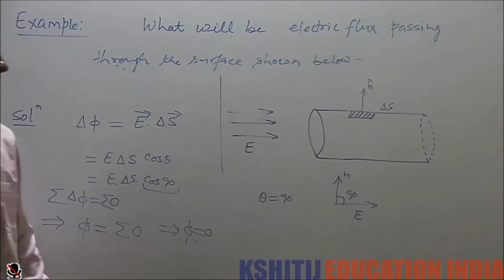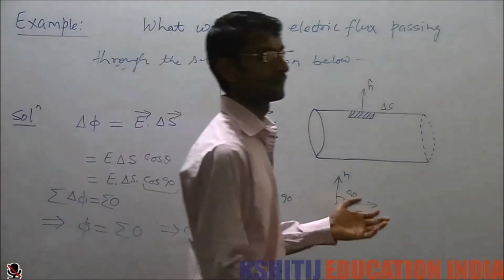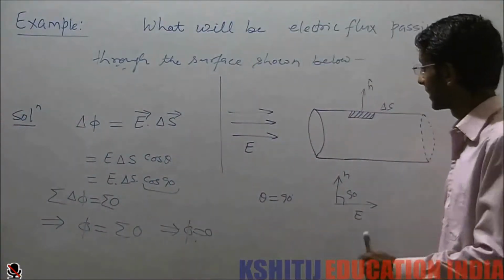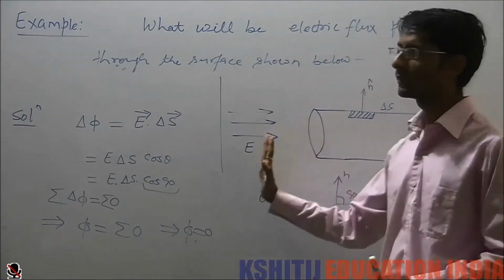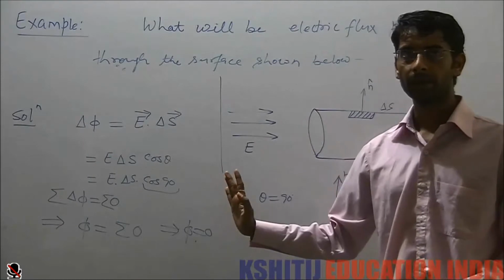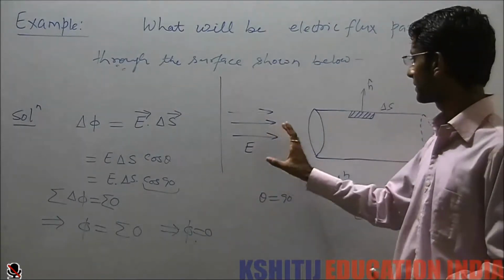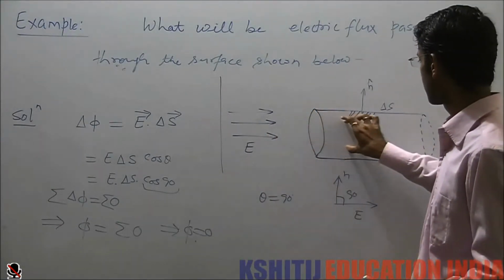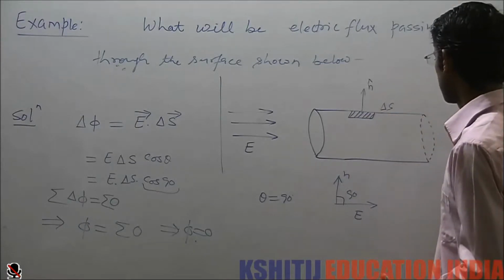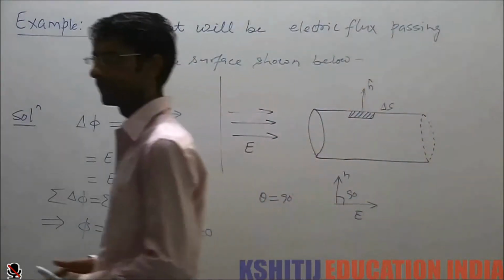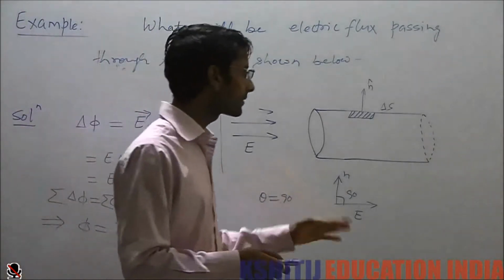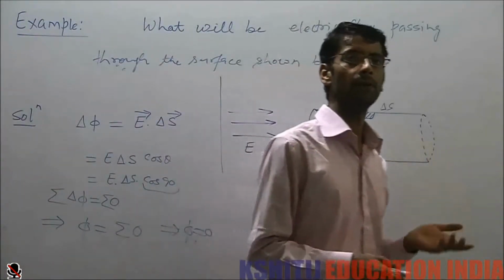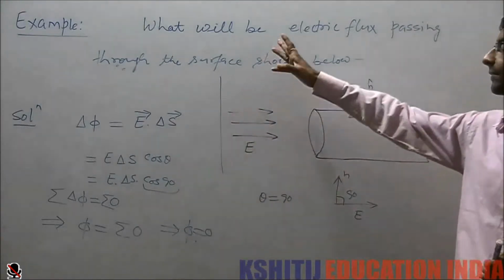Then if someone wants to interpret this answer, we can. Based on the electric field direction, if you look, the electric field lines are just passing through this hollow cylinder. None of the electric field lines are crossing the surface for which we are interested in finding the electric flux.